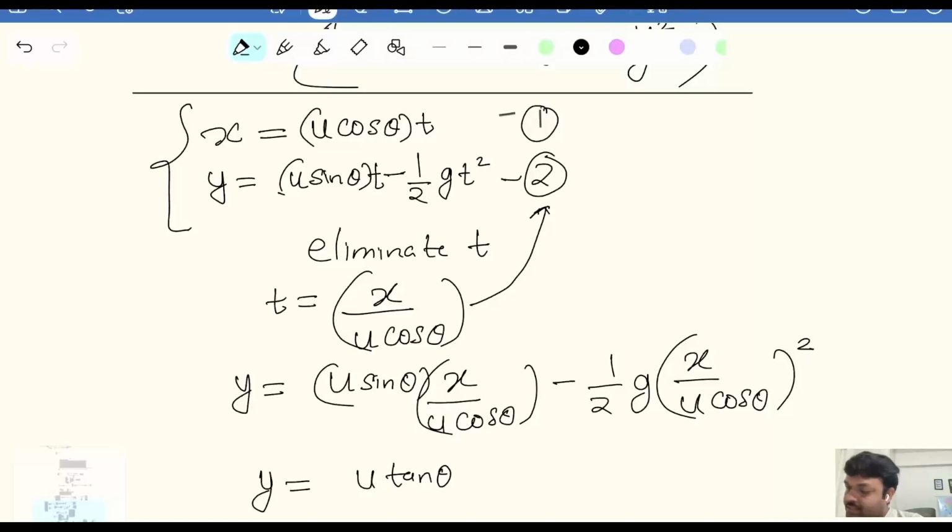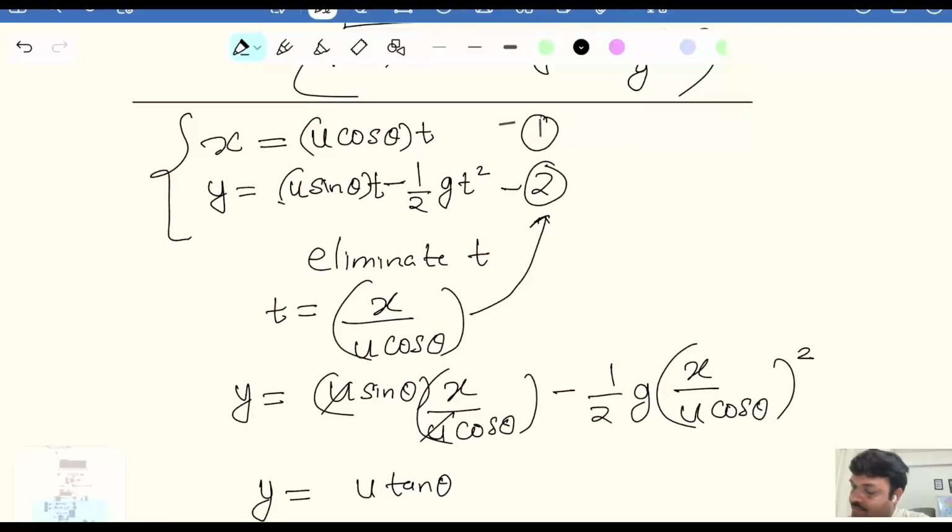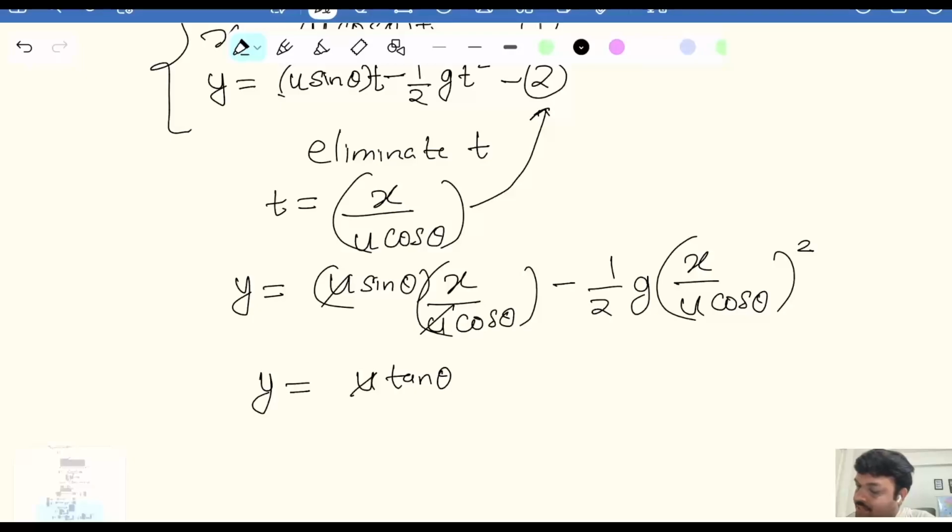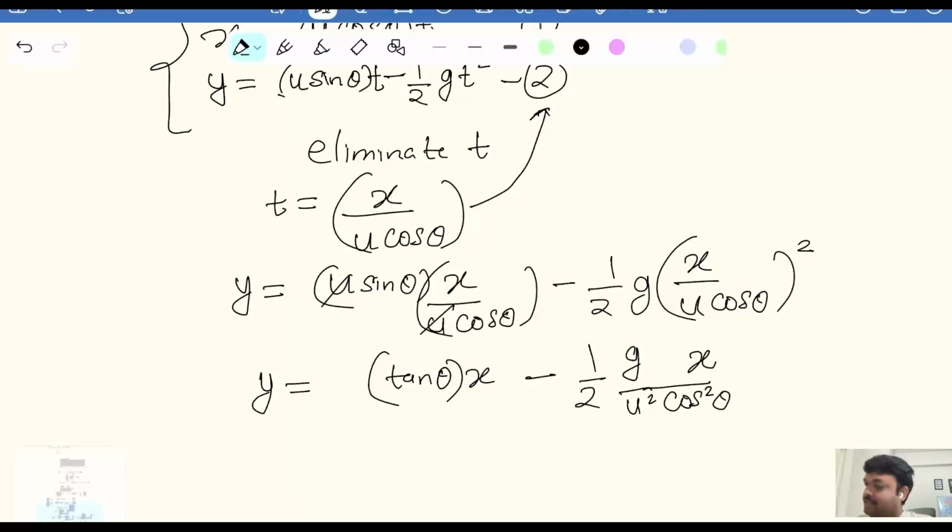And since I have kept u, u can be eliminated from here. So essentially it becomes x, and we will erase this because u got removed, minus half g, u square cos square theta multiplied by x square.